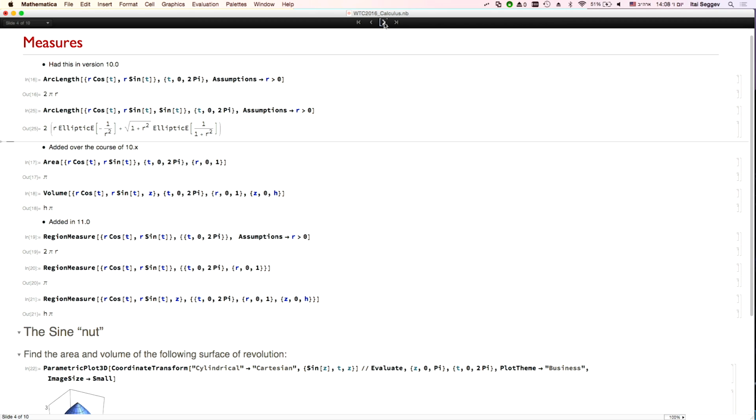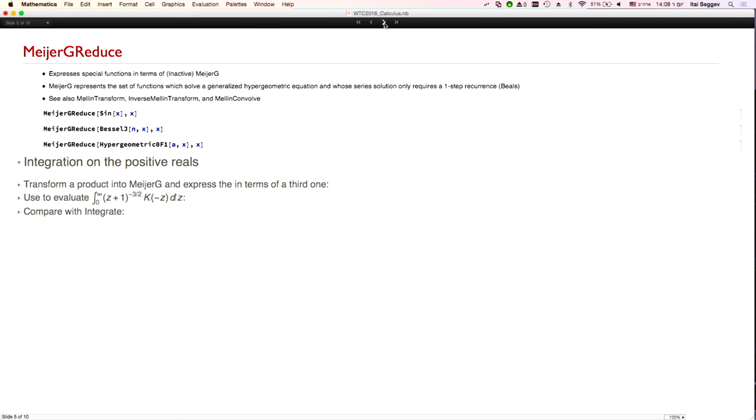Okay, so those are some nice relatively calculus 1 through 2 or 3-ish sorts of examples. MeijerGReduce. Devendra sort of really briefly hit upon it, but was mostly talking about Mellin transform.